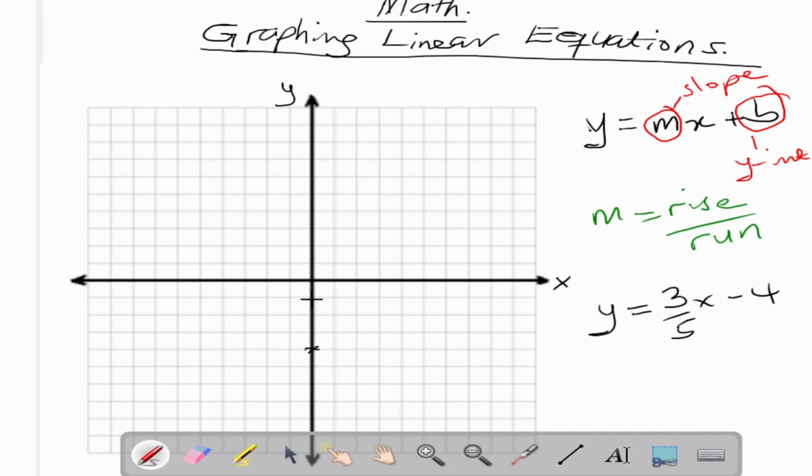Then we run. When it's positive, we run to the right. So we run 5 times. 1, 2, 3, 4, 5. Right here. Then we have our second point. After that, we put a ruler and draw our line.